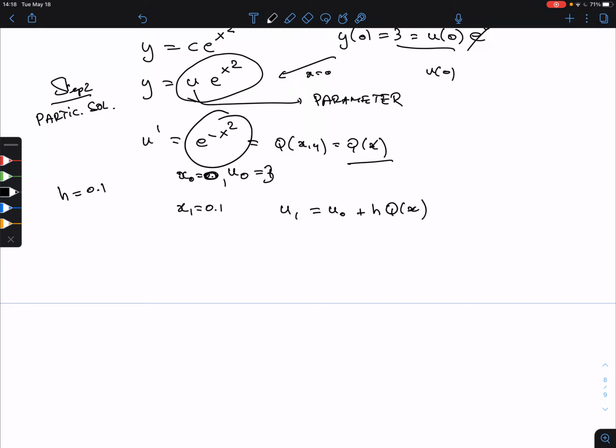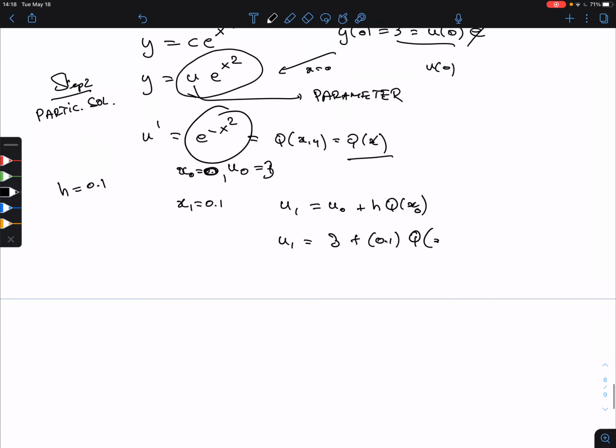Let's fill in the numbers. u1 is u0, which was 3, plus h, which is 0.1, times q, and now we have to plug in x0, which is just 0. So let me not write q, let me write down what it is. Now I have e to the minus x squared, and I have to put 0 in here. So this whole thing is of course 1, so I get 3 minus 0.1, that is 2.9.